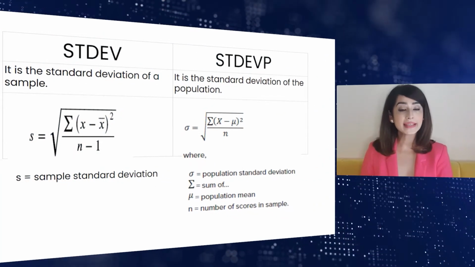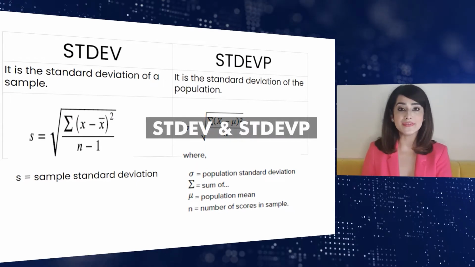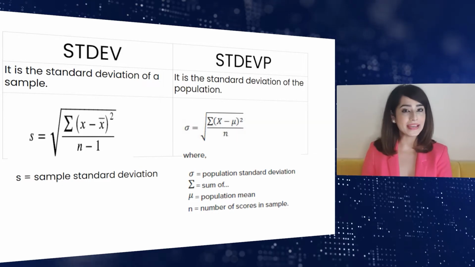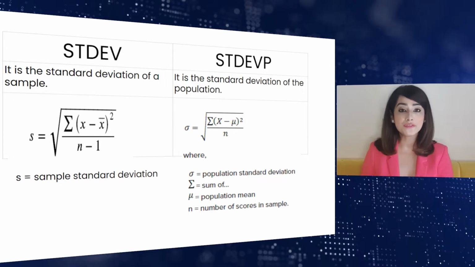We can calculate the standard deviation in Excel by the formula STDEV and STDEVP, where STDEV refers to the standard deviation of a sample and STDEVP refers to the standard deviation of the population. We have different formulas for finding the standard deviation of a sample and for finding the standard deviation of the population.